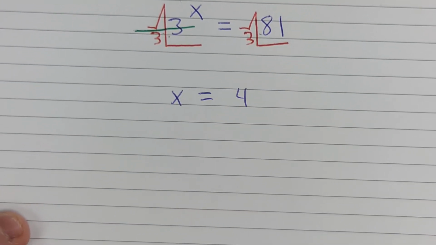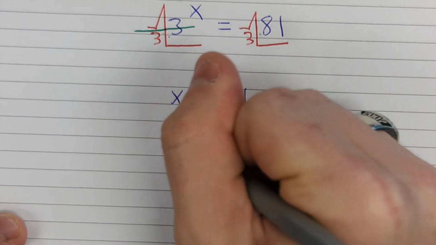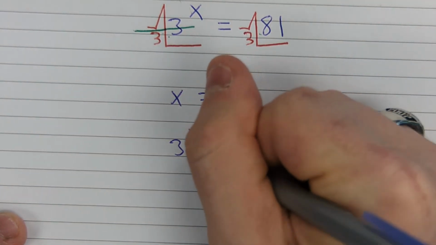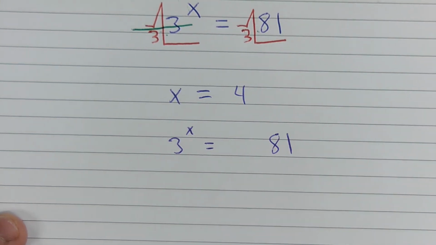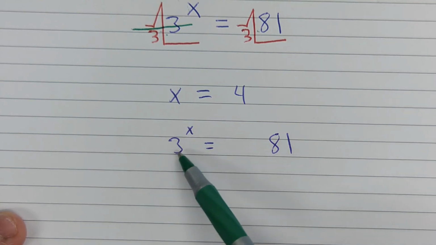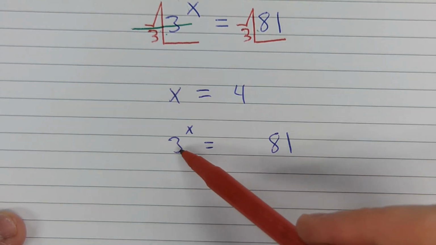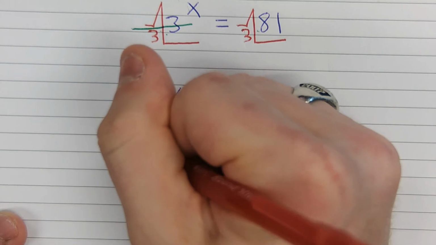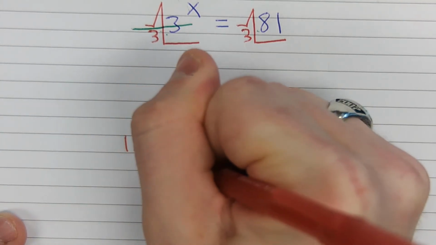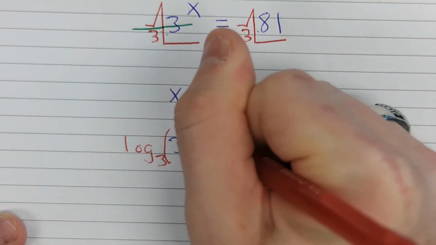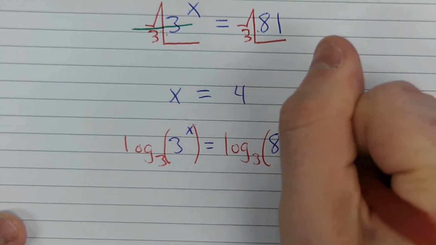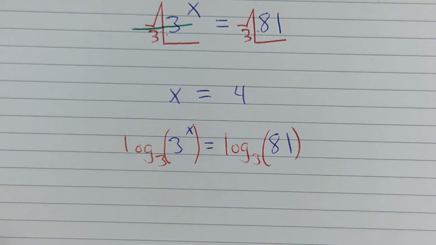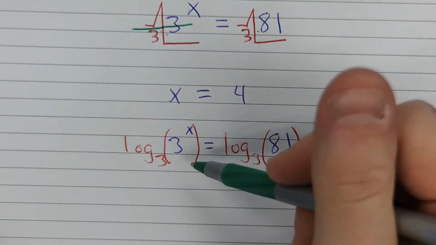So let me start over again. And don't worry, we will get to the actual notes in a moment. Notice the space I've left. If I want to cancel an exponential base 3, I must use a log base 3 on both sides. That is the operation that cancels exponential base 3.